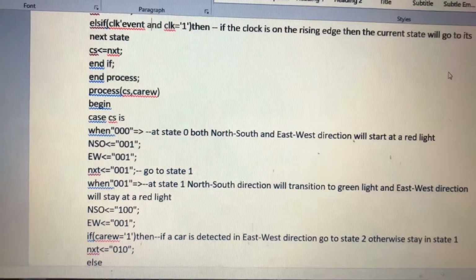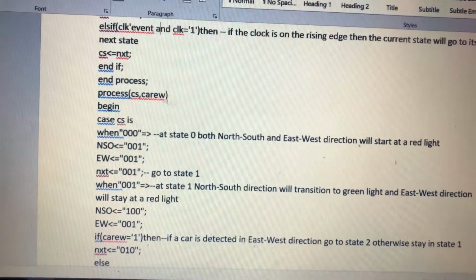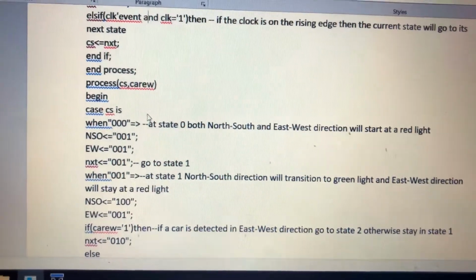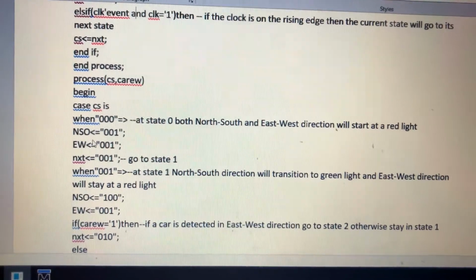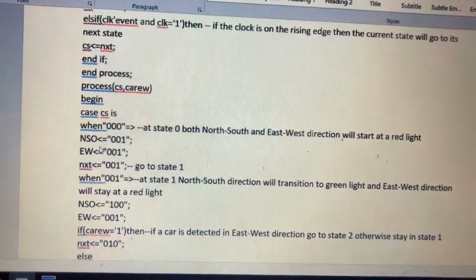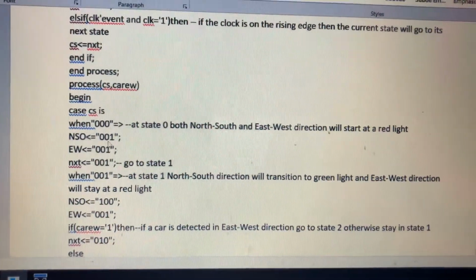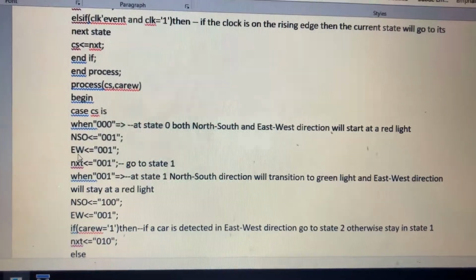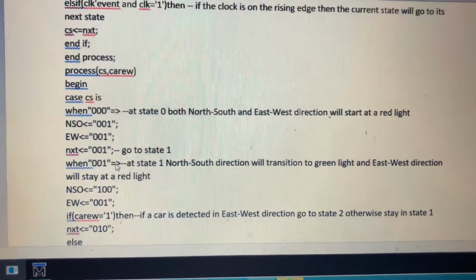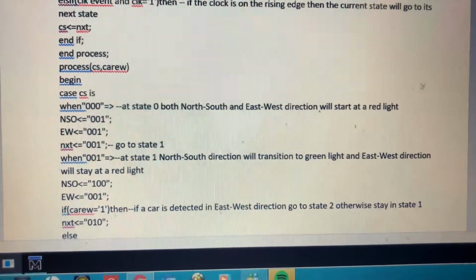Then we create another process here where we include our sensor and our current state. So when we're at state 0, just like previously shown in our finite state machine, our north-south will start at red, and our east-west will start at the red light, and then it will go to state 1, and then our north-south will be green, and the east-west will stay red.